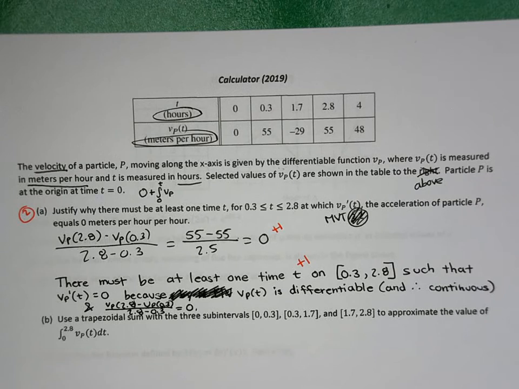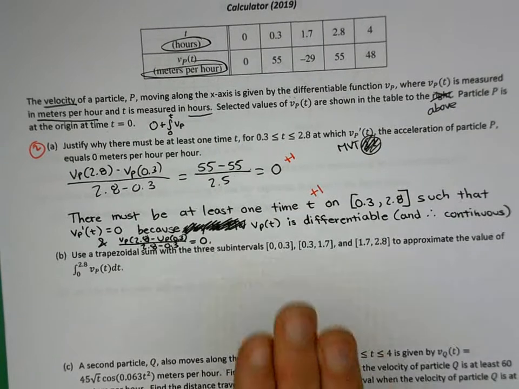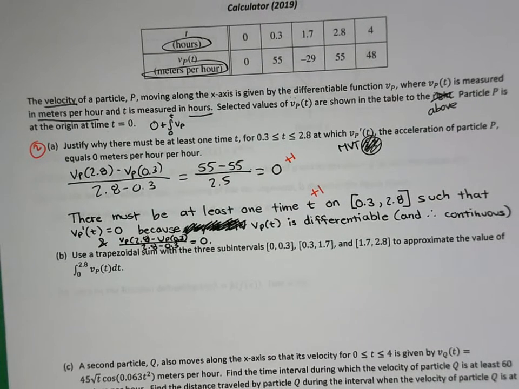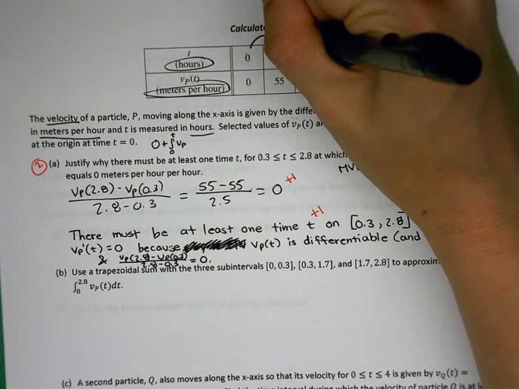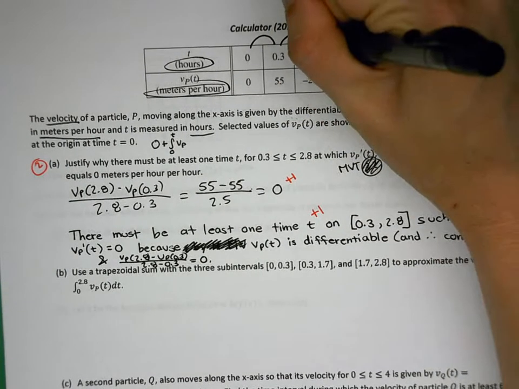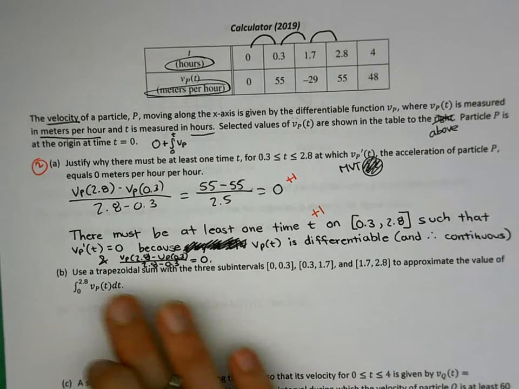Part B: use a trapezoidal sum with the 3 subintervals 0 to 0.3, 0.3 to 1.7, and 1.7 to 2.8 to approximate the value of this integral.